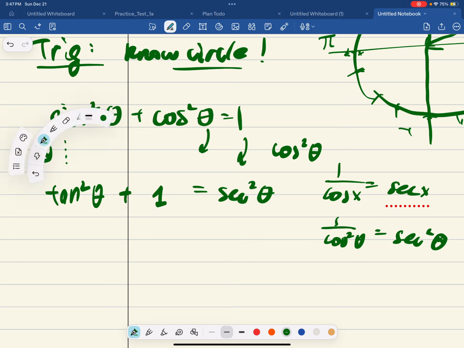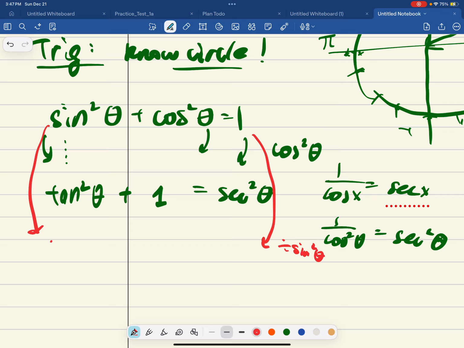I don't want you to get confused, although it might be already too confusing. So if you divide everything by sine squared theta, what's going to happen here is 1 plus, now it's going to be cotangent squared theta, because if you divide cos by sine, that's a cotangent, and if it's squared, then it's cotangent squared.